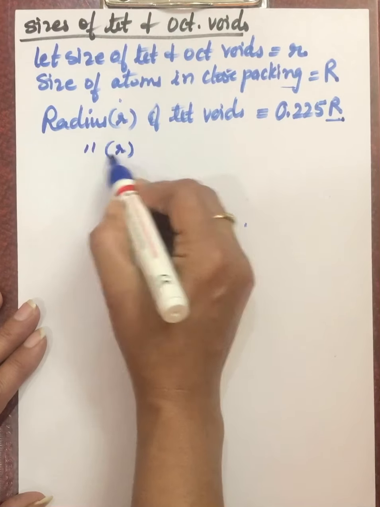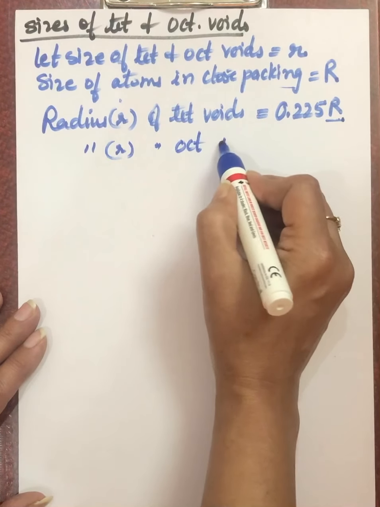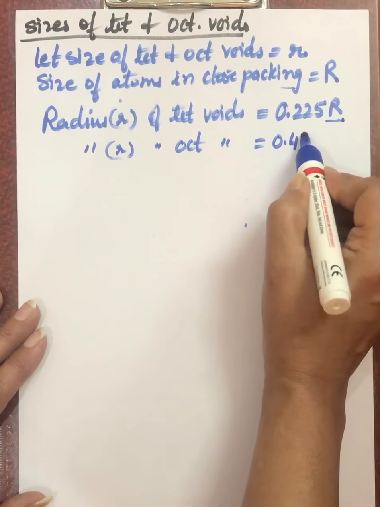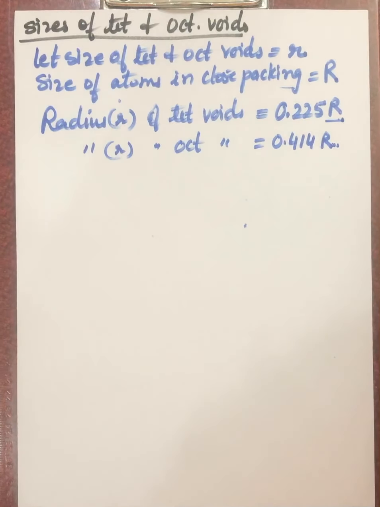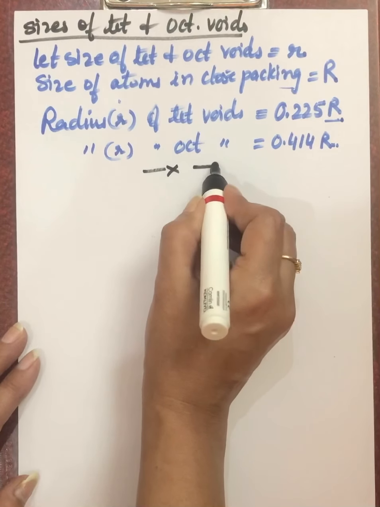Similarly, the size of the octahedral void is equal to 0.414 capital R. This is our topic, sizes of tetrahedral and octahedral voids.